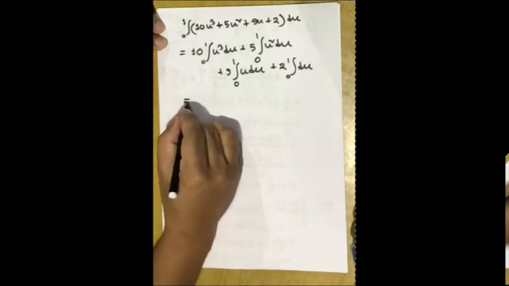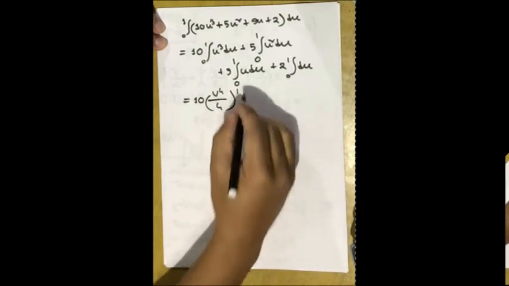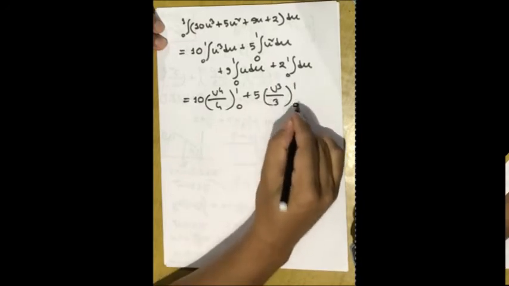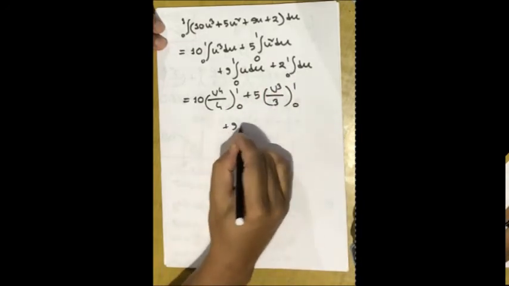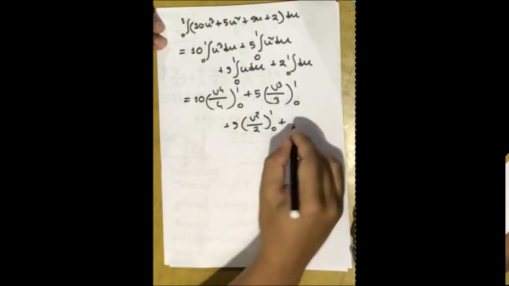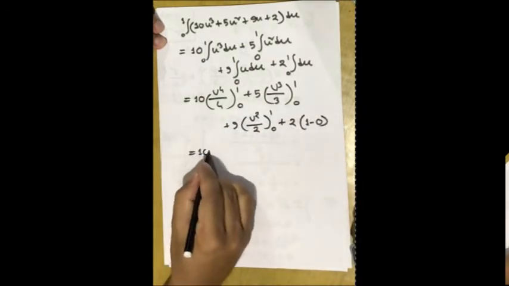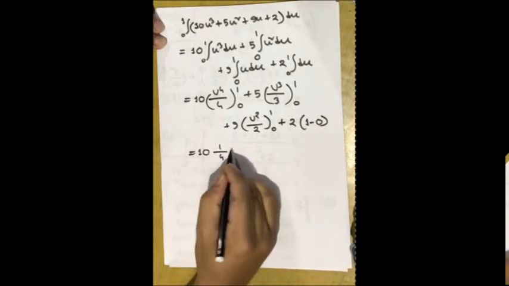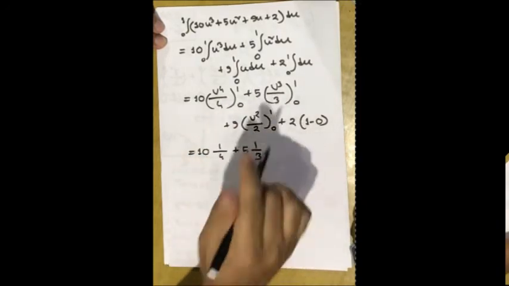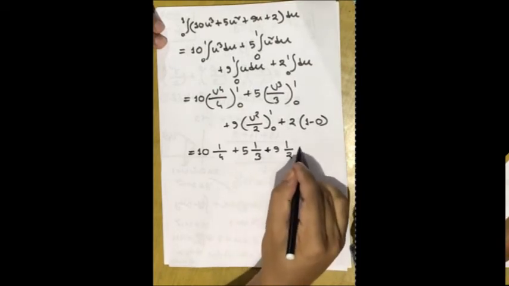Okay, so it will finally give us 10 u to the power 4 by 4 plus 5 u cube by 3, upper limit is 1, lower limit is 0, plus 9 u square divided by 2 plus 2u, upper limit is 1, lower limit is 0. So finally you will get 10 times 1 by 4 plus 5 into 1 by 3, lower limit is 0 in both cases so I don't have to consider it, plus 9 times 1 by 2 plus 2.